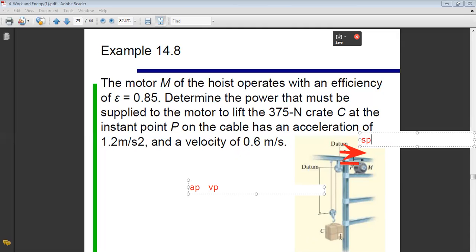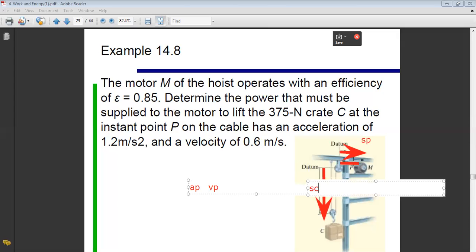On the other hand, we have the block C that is moving in the vertical direction, so we need a coordinate for it, which is S of C. Now, as a final step, we will correlate the motion of points C and P. To do this, we will write the total length of the cord.